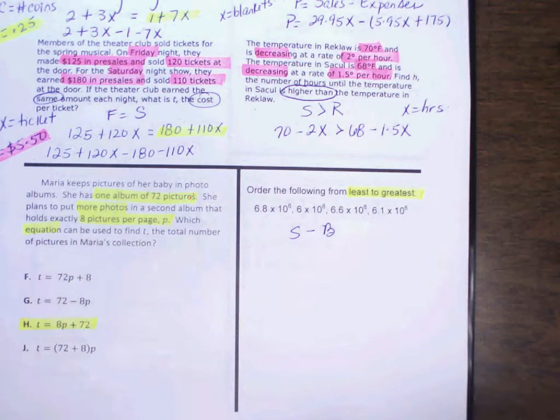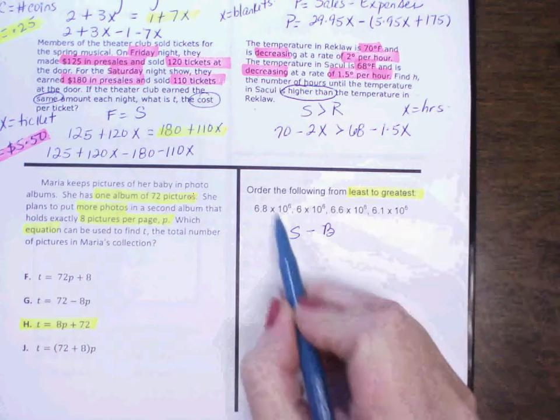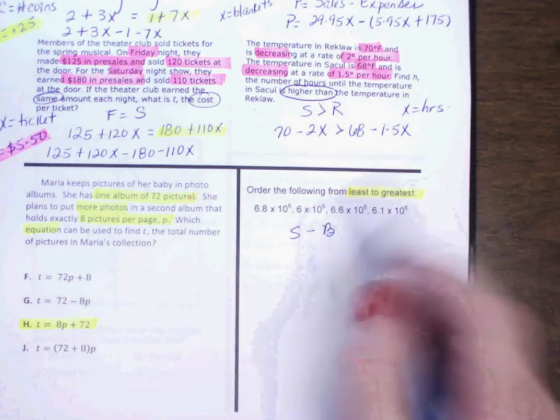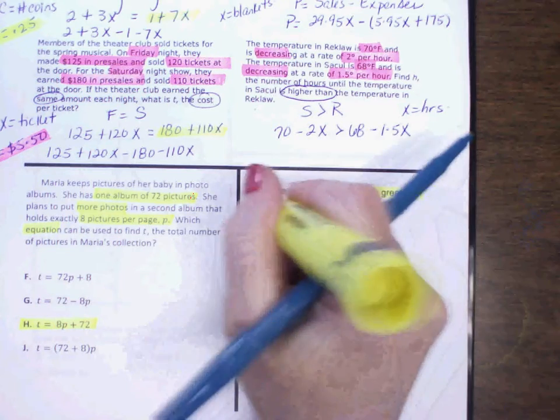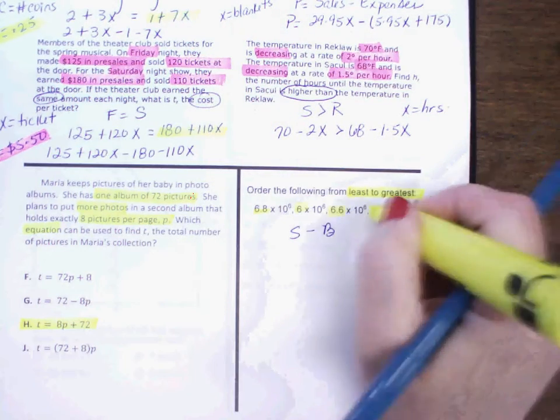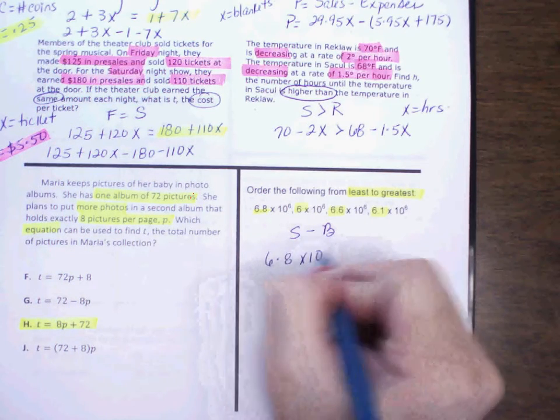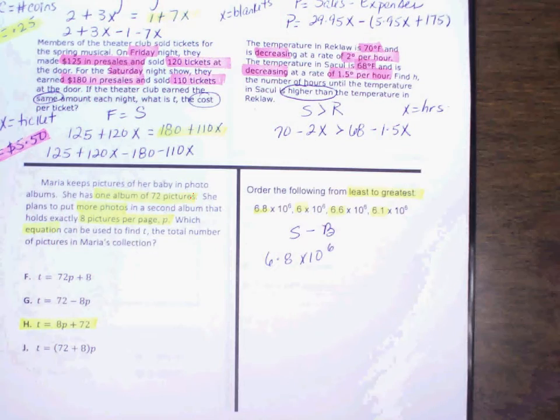Smallest one first: 6 times 10 to the 6. Then 6.1, then 6.6, and then 6.8.